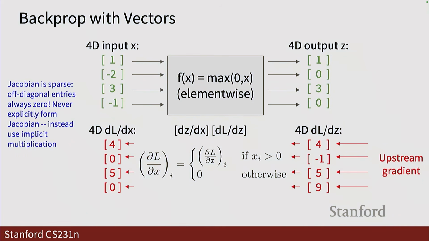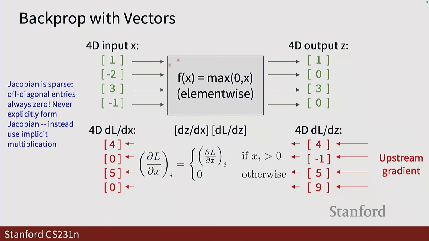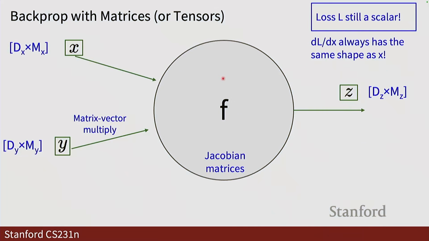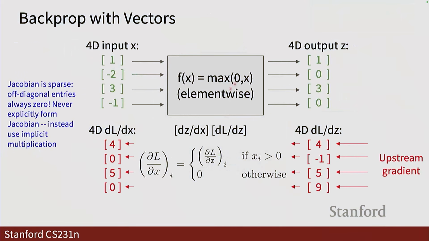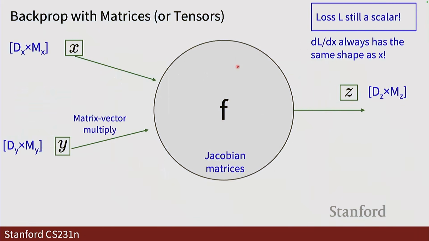So in the backward pass, instead of calculating that huge sparse Jacobian matrix, we just use a rule-based calculation of the gradient for this max function. We don't store or calculate that matrix, because we know how the function operates.